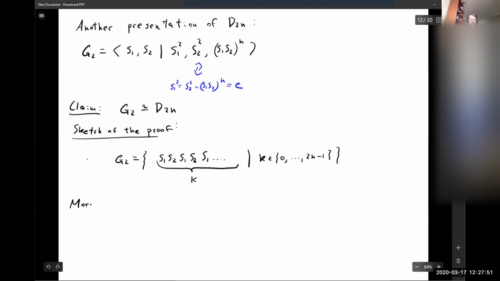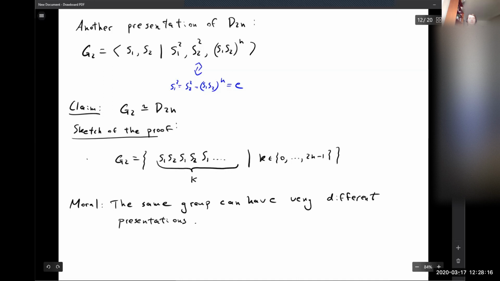The moral: the same group can have very different presentations in terms of generators and relations.